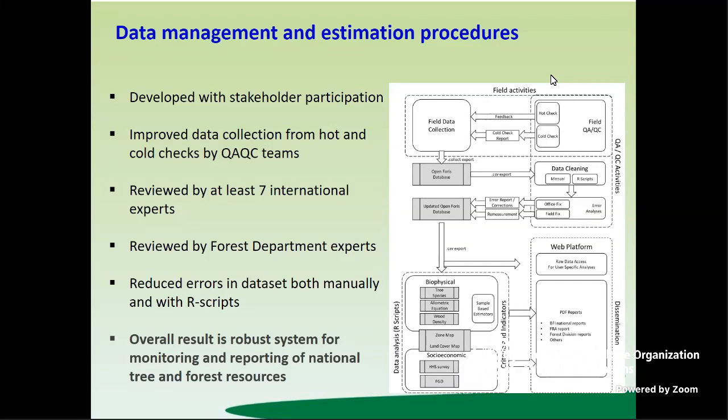All the stakeholders worked together to analyze the data and look at the errors in the data. The data were reviewed by some international organizations with the support of FAO, and the forest department experts also reviewed those data to reduce the error, and we used the R script for analyzing the data to get robust results out of those data.